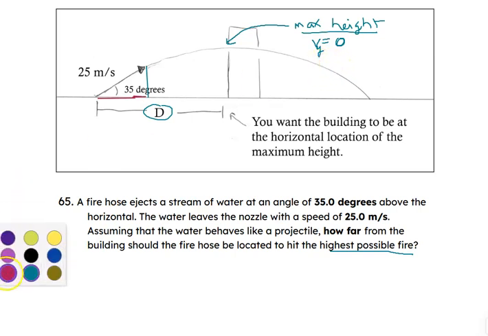Okay. And then no matter what the problem asks, you need to do your how much over and how much up is it going. So this is going to be 25 cos of 35 degrees, which is 20.5 meters per second.